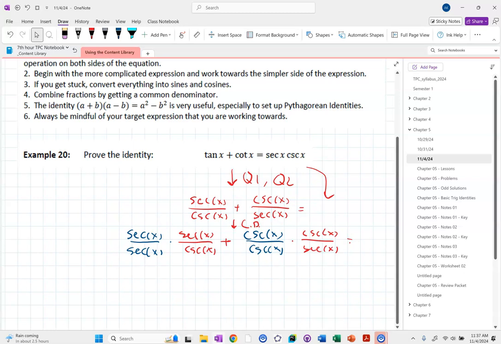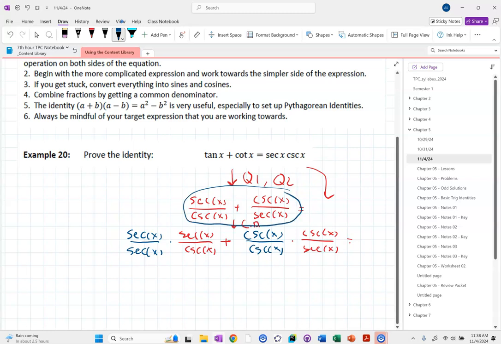So far, so good? Could you do cosecant over cosecant for the first one? Does it matter which one you do? Sure, but you're just going to end up right back where we started.